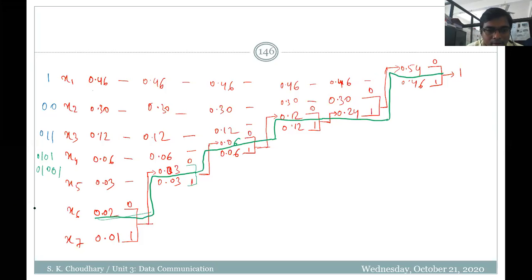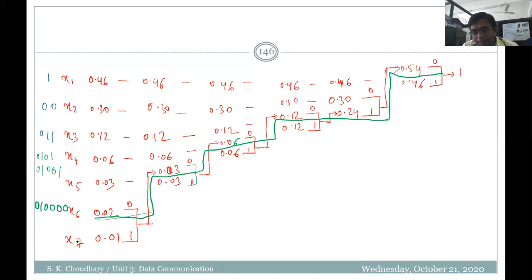So we have to count the bits in the reverse order. So 0 would be at the MSB, then it is 1, then 0, then 0, then 0, then again 0. So 0, 1, 4 times 0. Similarly for x7, we can do the same.